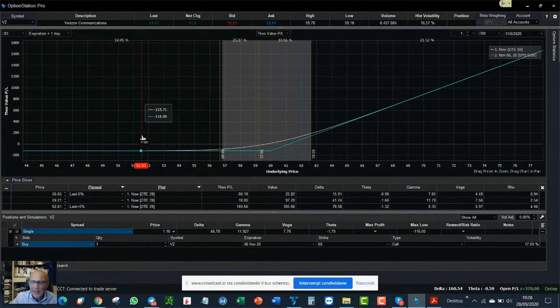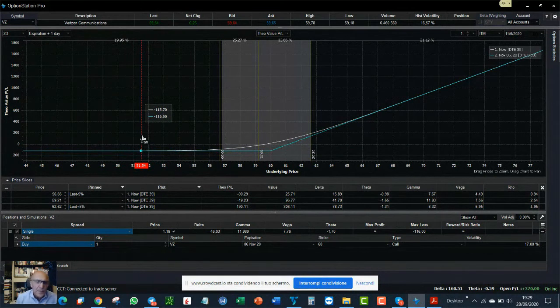Okay, I can't lose more than this, even if I just forget the trade, just go on vacation, the trading platform doesn't open, you don't have to worry, because that's the maximum risk.